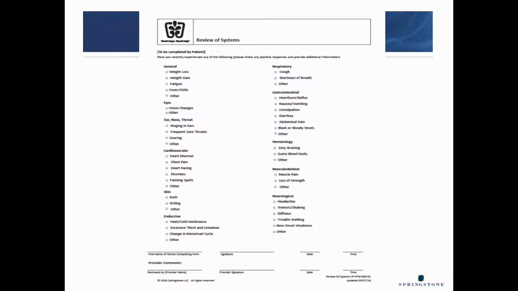Then on the templates that we use for the initial evaluation, you could just check the box that says refer to the system review and make sure this is part of the record.